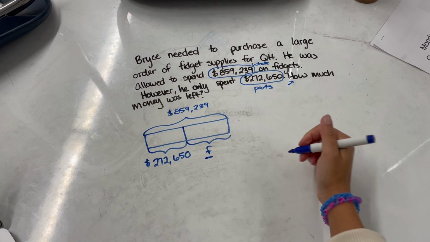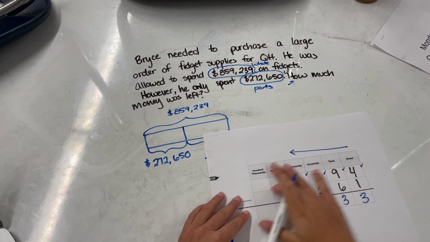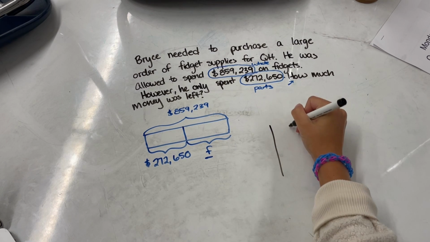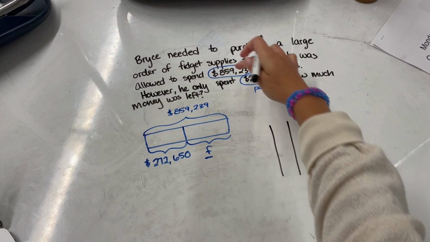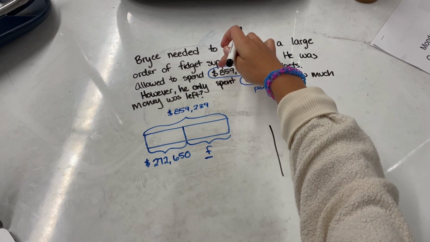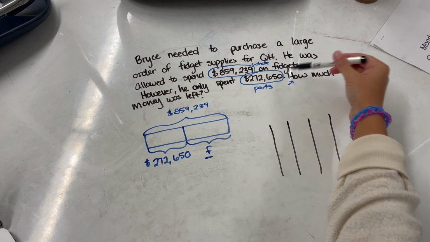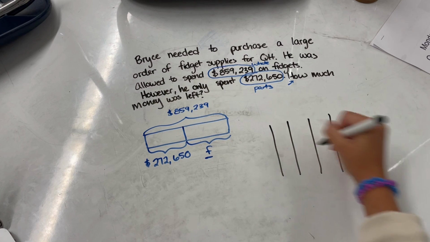Now, I'm going to use the standard algorithm. I don't have my algorithm graph, but I can draw out my own. I'm just going to draw some vertical lines. I have numbers all the way up to the hundred thousands place, which means I'm going to have 1, 2, 3, 4, 5, 6 columns.